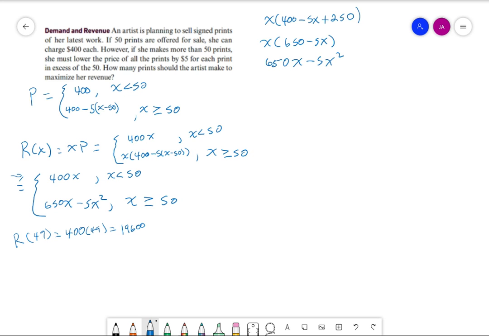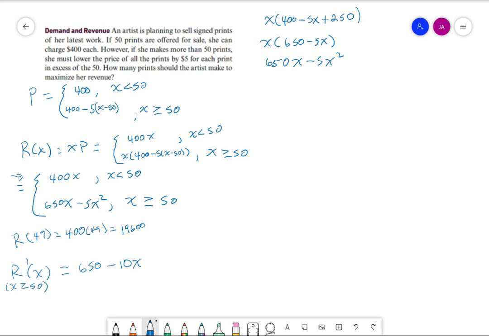Just thinking practically here. But then let's compare this to what happens when we try to deal with the derivative of the other part of our piecewise defined revenue function. And so R prime of x, thinking about the other half, and so really there's a note that I should be making, and that is when x is greater than or equal to 50, R prime is specifically going to be 650 minus 10x.